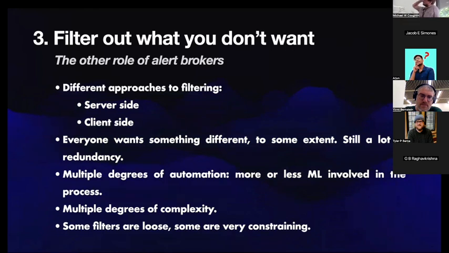And then multiple degrees of automation. There's a lot of machine learning used in a lot of pieces these days, and we touched on this yesterday, and we'll be touching on this again throughout this workshop. We have examples where ZTF is taking data, alerts are coming in, and a machine learning classifier just says I'm interested in this particular transient, and automatically triggers spectroscopy.